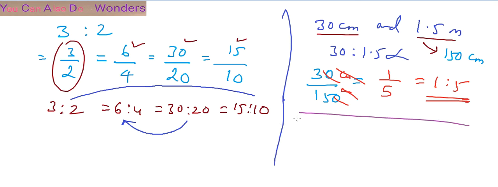And similarly, suppose I want to find a ratio between two times, say 30 minutes and say 1.5 hours. Here the units are different, so we convert 1.5 hours to minutes, which is 90 minutes.